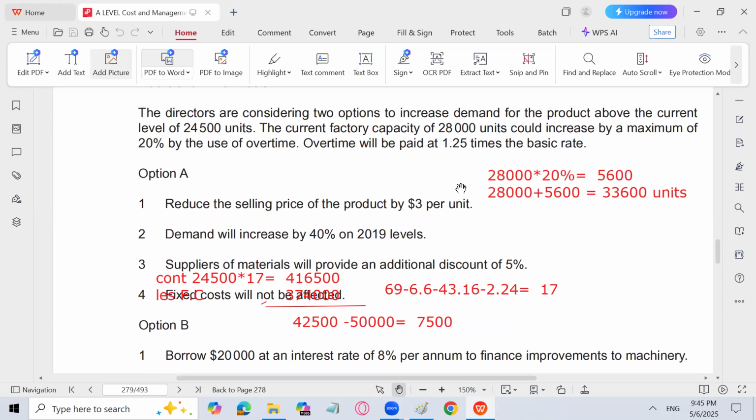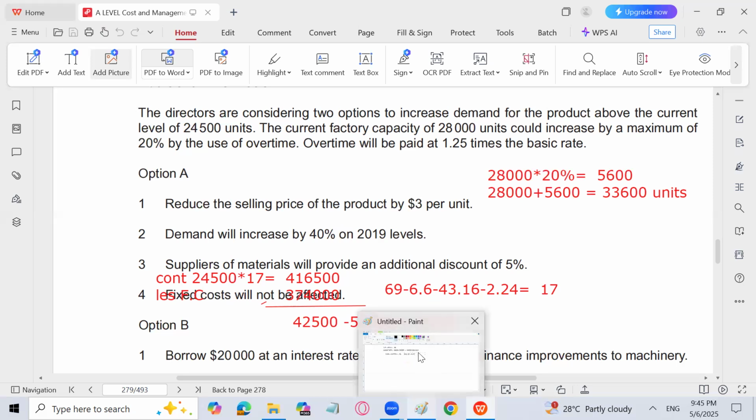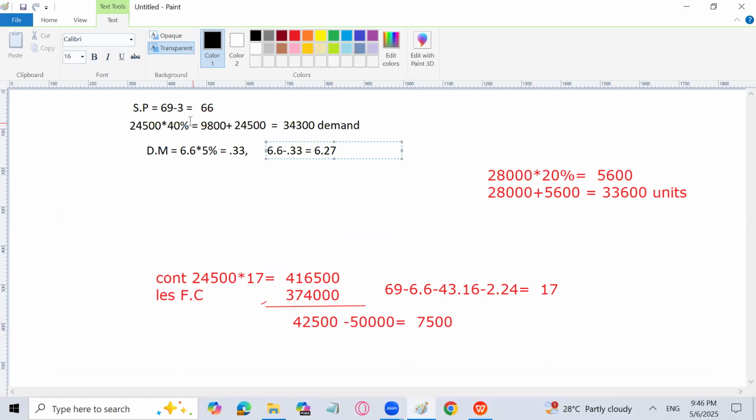But first, let's discuss why we are not able to sell the demand created by the decrease in selling price, 34,300, because our factory capacity was 28,000 and it has been increased by 20%, so now it is 33,600. We can't produce and sell more than 33,600.